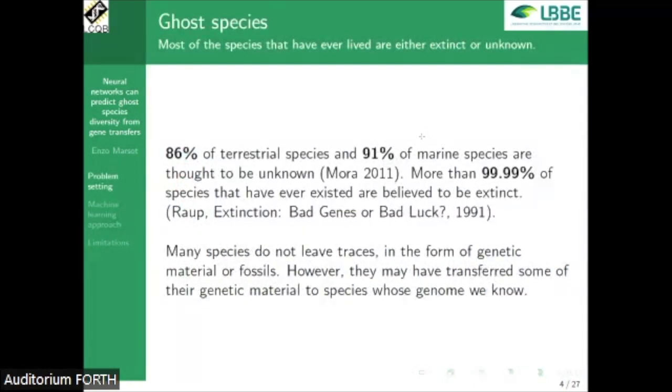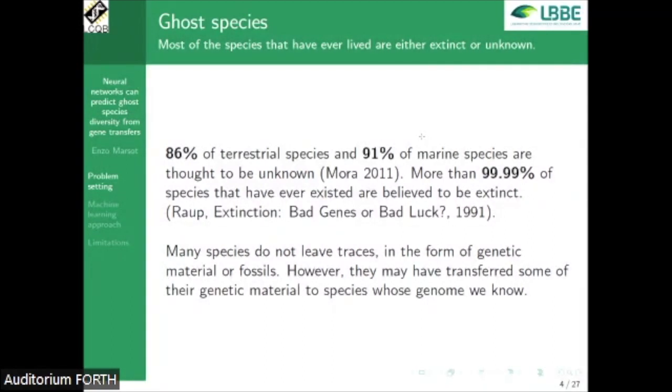So, as a motivation, the overwhelming proportion of biodiversity is now believed to be extinct, and most species of many groups are unknown today, even though they are still living.